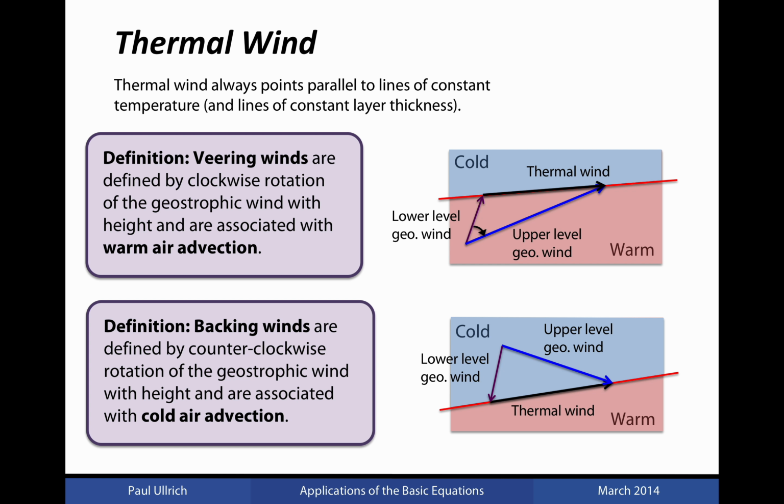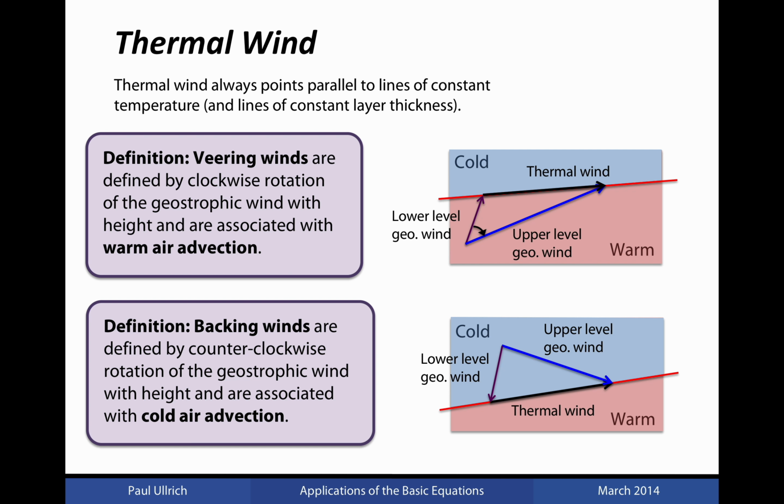Okay, there are two concepts that then fall out from the thermal wind. We define a term known as veering winds as clockwise rotation of the geostrophic wind with respect to height. Here on the right-hand side, we have a lower level geostrophic wind shown with the purple vector and an upper level geostrophic wind shown with the blue vector.